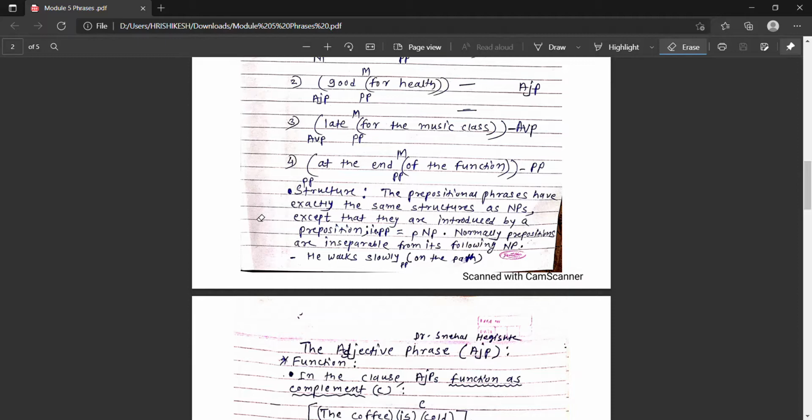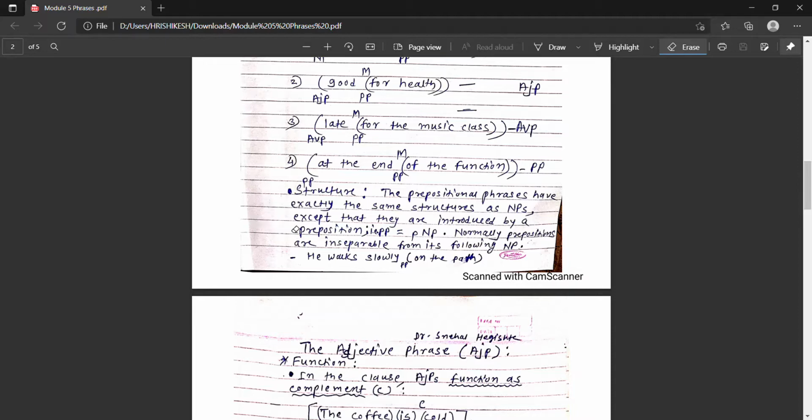Normally prepositions are inseparable from the following NP. So you should not separate the prepositions. They are attached normally. He walks slowly on the path. So on is inseparable. You cannot separate it from the path. On the path is here a prepositional phrase.